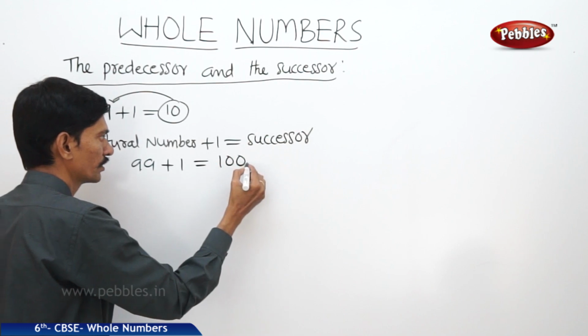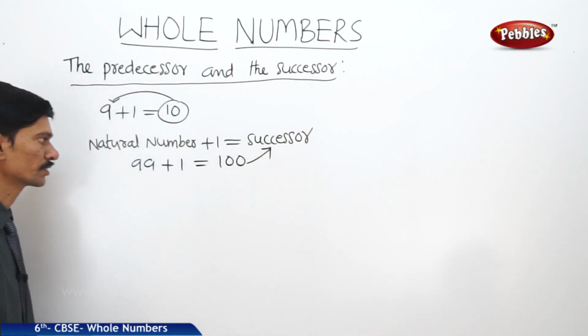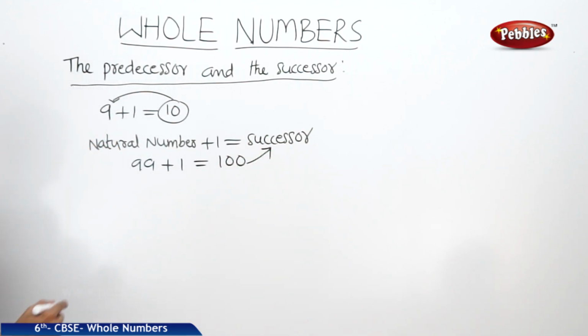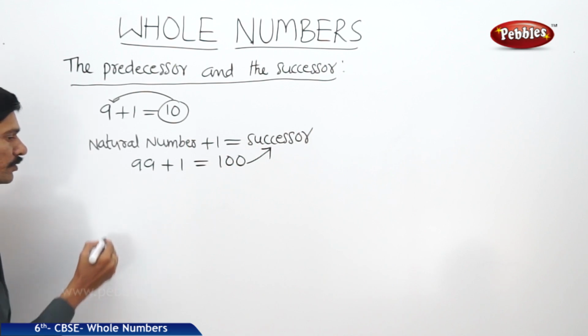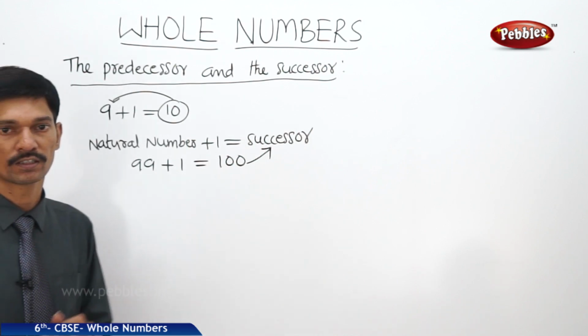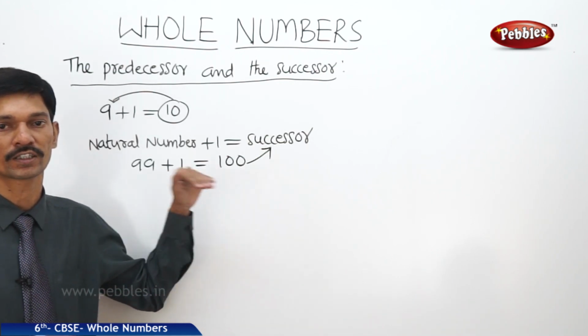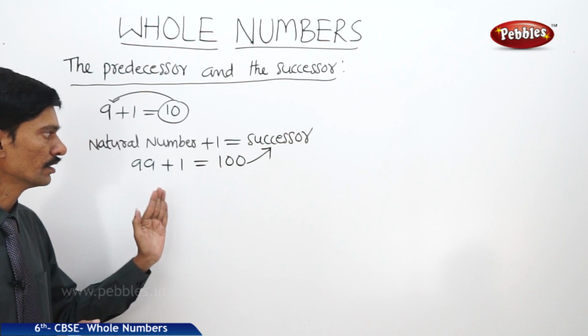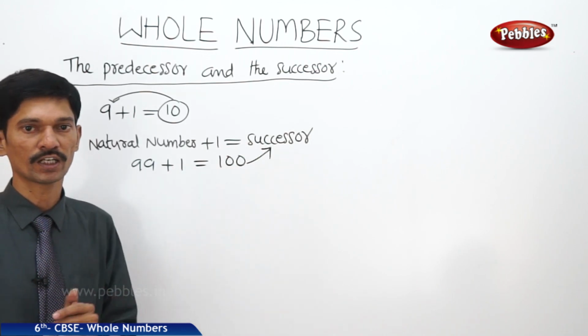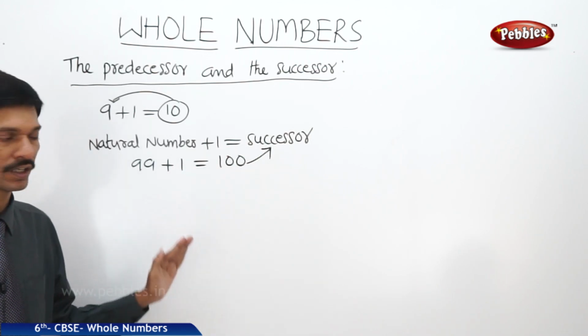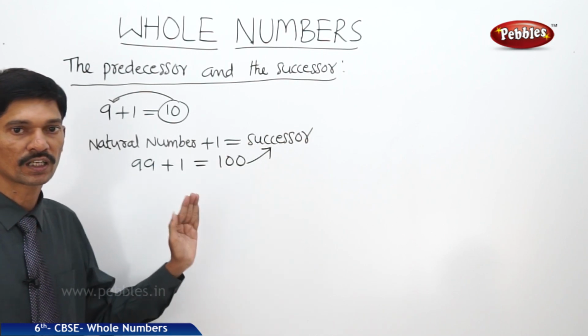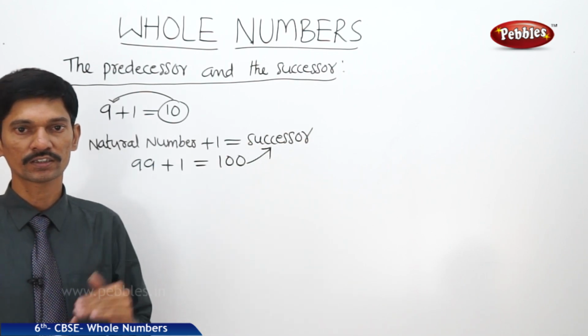So this 100 is called the successor of the given natural number 99. Then what is the predecessor? If you subtract 1 from the given natural number, then we get another natural number called the predecessor of the given natural number. Means the number which lies just before the given natural number is called the predecessor, and the number which just lies after the given natural number is called its successor.